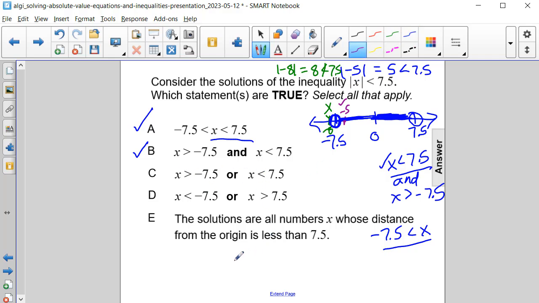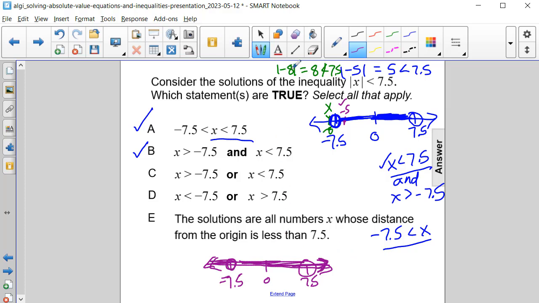Now if we look at answer choice C, I'm going to regraph another number line down here. So we have 0, 7.5, negative 7.5. This is the same as B, but there's an "or" in between. So that would mean it would have to be greater than negative 7.5 and continue in this direction, or it would be less than 7.5 and continue in this direction, making it all real numbers.